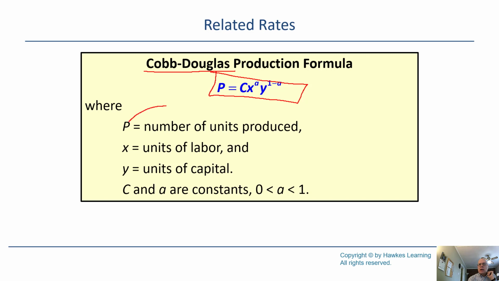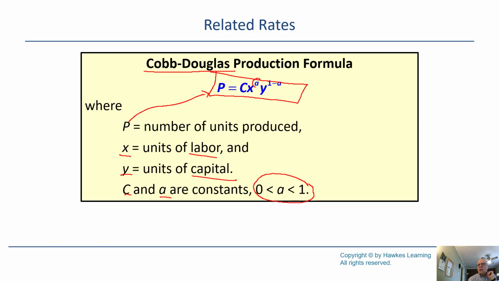So P is production level, X is units of labor, Y is units of capital, and C and A are constants. A is between 0 and 1. That's important.